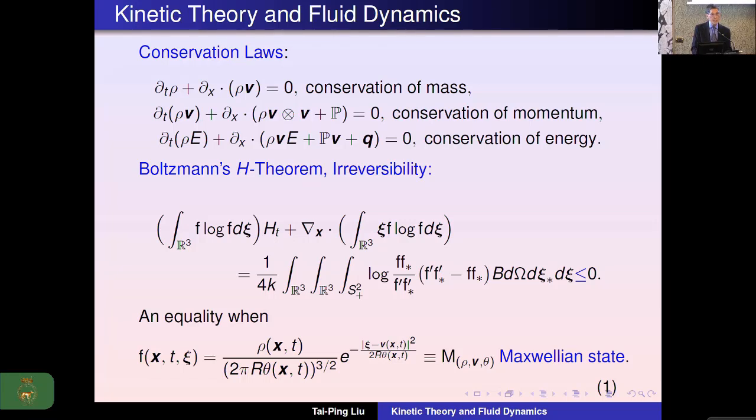But Boltzmann believed in atoms, and so he derived it from his Boltzmann equation. The thing that's really important for Boltzmann is that he realized that if I multiply the equation by log, then wonderful things happen. You have an inequality, which means that the process is irreversible.